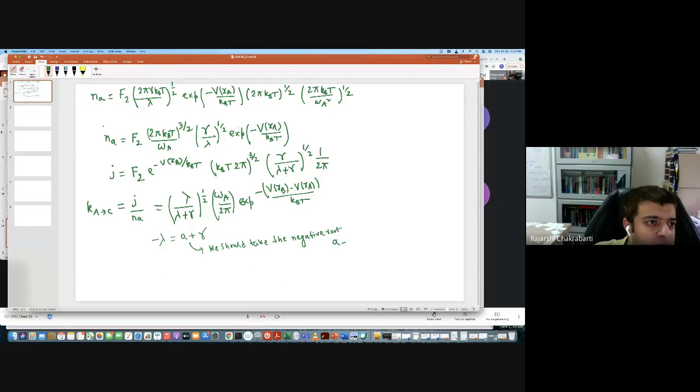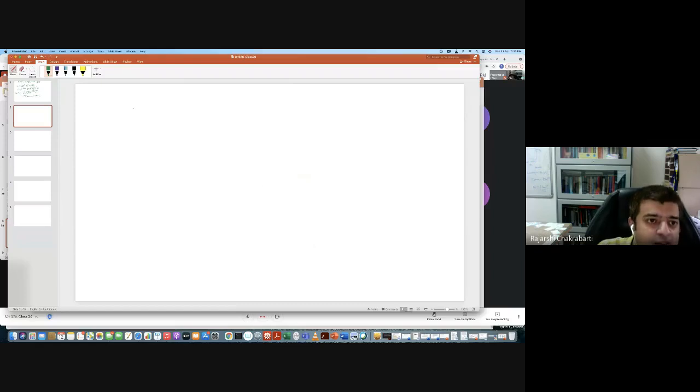Now I go to the next slide. So we have lambda equals to minus A minus gamma. A minus means the negative root. So this is equal to, if I take the minus common, it is minus A negative plus gamma.